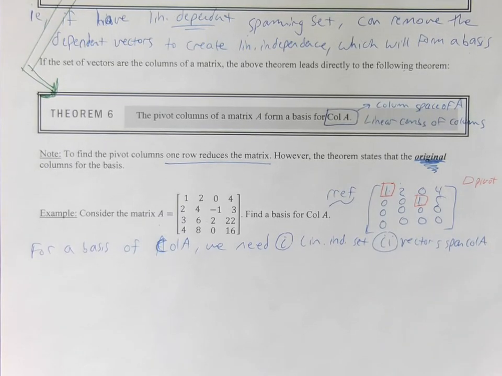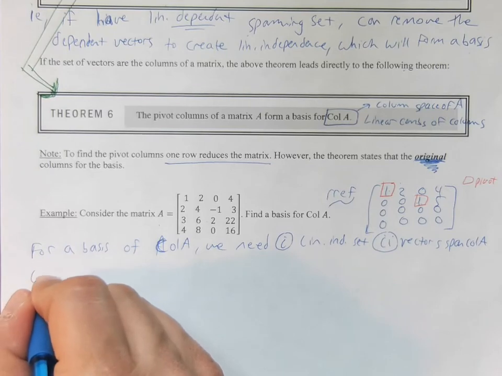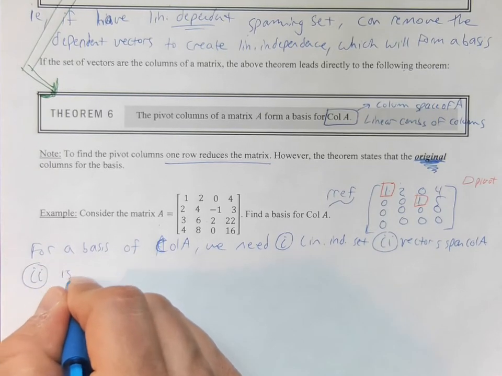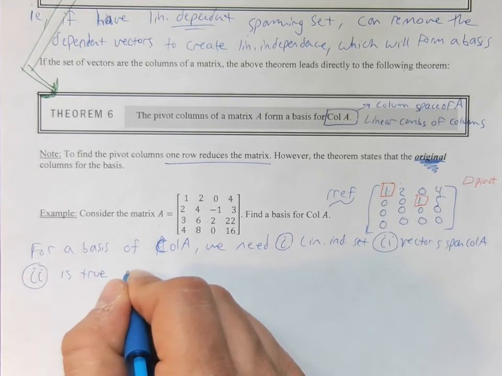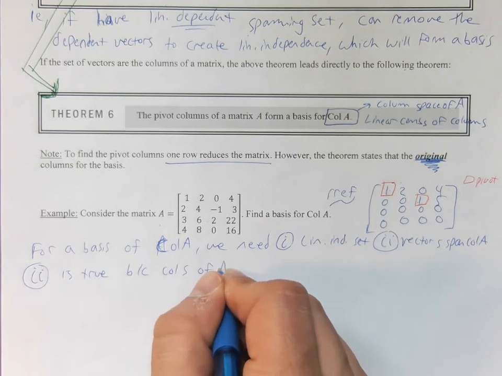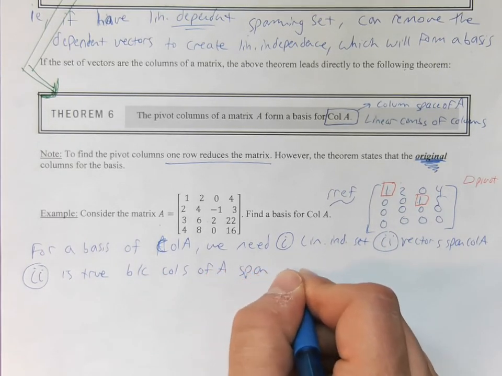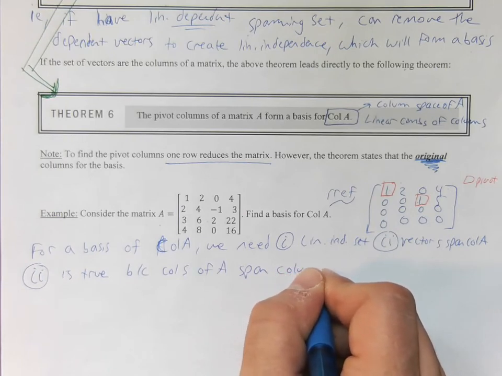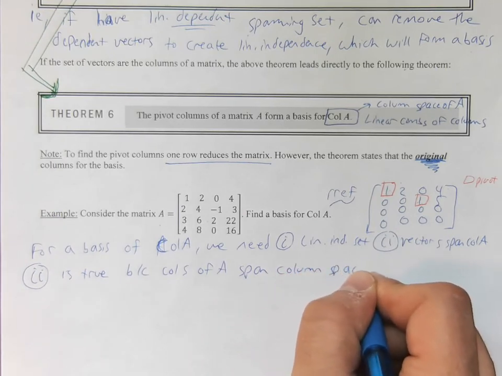Well, two is going to be true automatically because the definition of spanning the column space is linear combinations of the columns, right? So it's true because the columns of A automatically span the column space by definition.